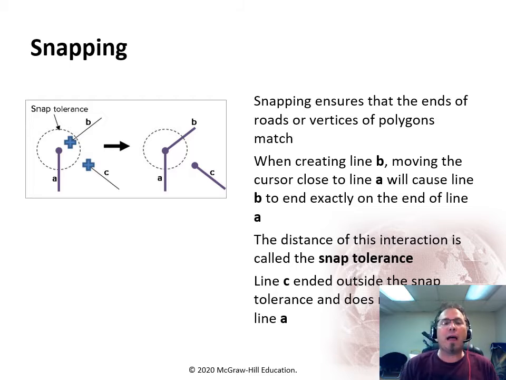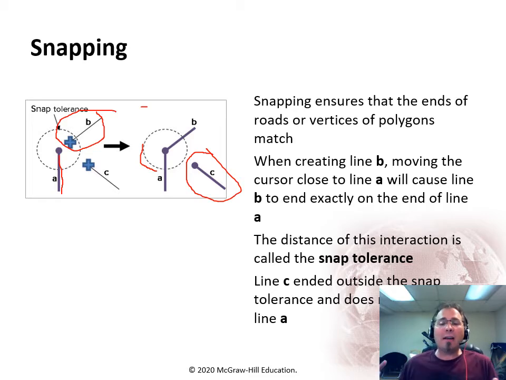So if you look at this diagram here, we have line A that is right here. We need to connect line A with line B and C. Line B isn't connected yet, and neither is line C. Now what this dashed circle represents is the snapping tolerance. Outside of that dotted circle, you're clicking on something, you're dragging it, and the program doesn't know what to do with it.